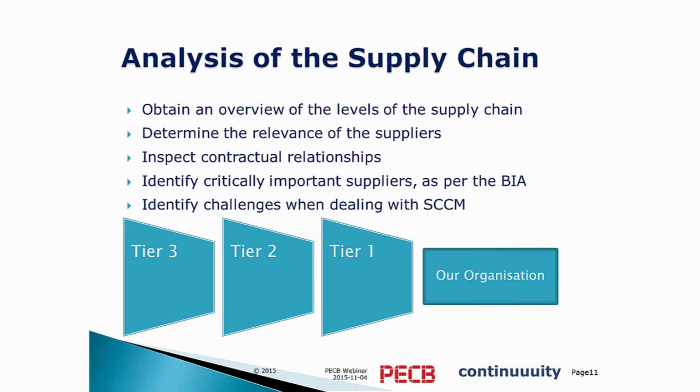So our organization just has a contract with a tier 1 supplier, but unless we analyze the organization and dependencies of our tier 1 supplier, we have no idea what's happening behind or in front of them.